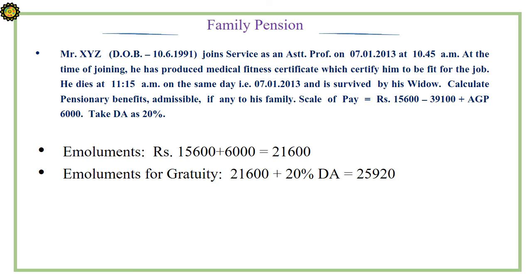So the emoluments is rupees 15,600 plus AGP of 6,000, and it comes out to be 21,600. Emoluments for gratuity will be 21,600 plus 20% of DA, that is 25,920.